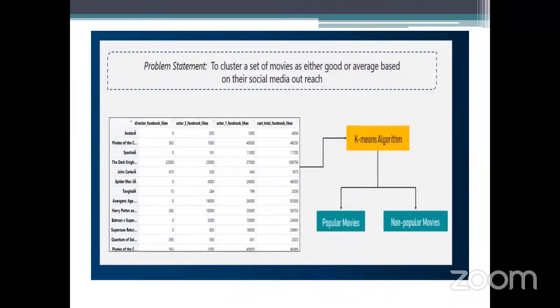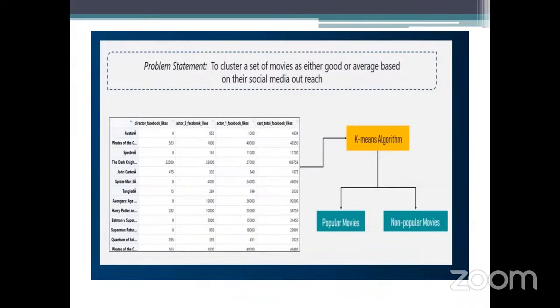So guys, whenever you have a problem statement that is asking you to group the data set into different groups or to form different clusters, it's obviously a clustering problem.